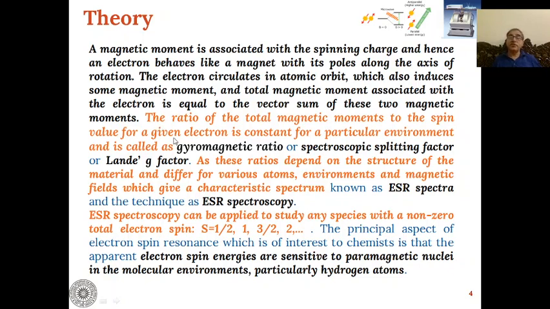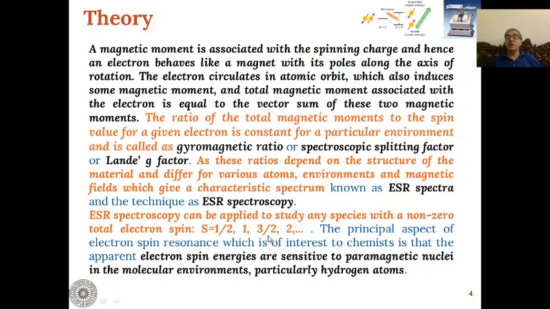As I have told you, ESR is applicable only to paramagnetic species. That means this can be applied to any species with a non-zero total electron spin. So spin may be half, it may be 1, it may be 3 by 2 and so on. The electron spin energies are sensitive to paramagnetic nuclei in molecular environments, particularly in case of hydrogen atoms.